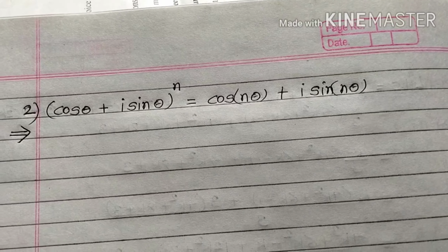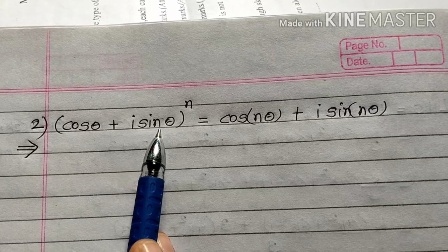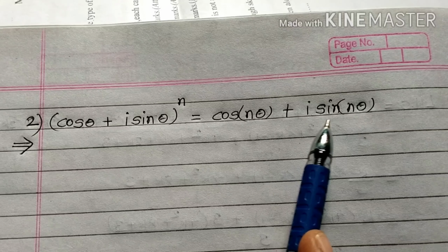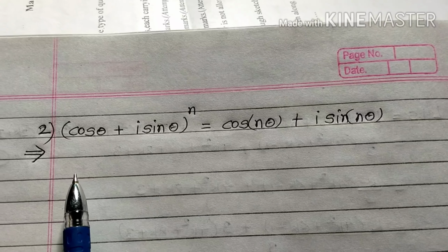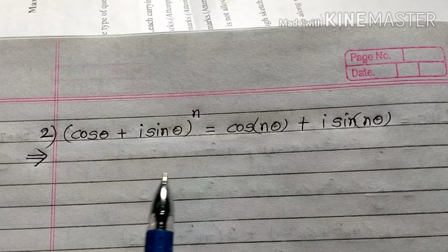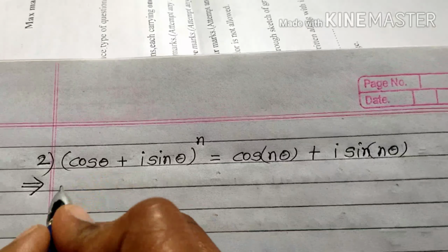Now we move toward our next example, that is cos theta plus I sin theta raised to n, which is equal to cos n theta plus I sin n theta. We prove this example by the principle of mathematical induction. So by the working rule, write the given statement as P of n.